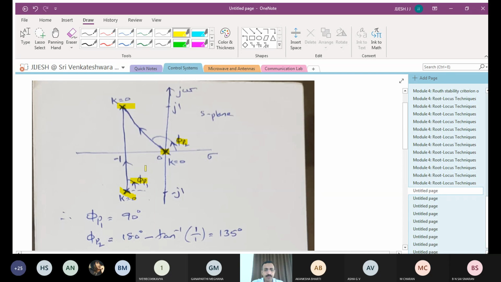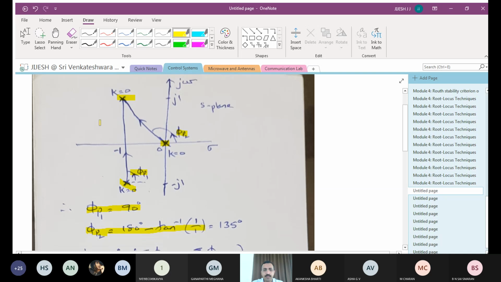From the figure, it is clear that phi of P1 will be 90 degrees. So let us calculate phi of P2. Phi of P2 will be 180 minus tan inverse of 1 by 1. You know how to do it; you have been studying that before. This entire angle is 180 degrees, and if you remove this portion, you get this angle.